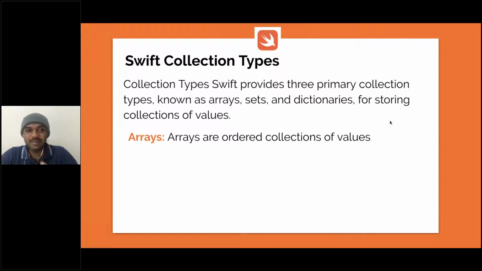Arrays. What is the meaning of array? An array is nothing but an ordered collection of values. When we define arrays in C and C++, what do we say? An array is a collection of similar data type elements, an ordered collection of similar data types.